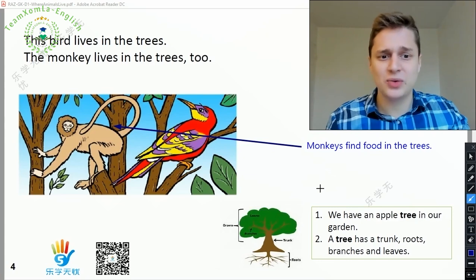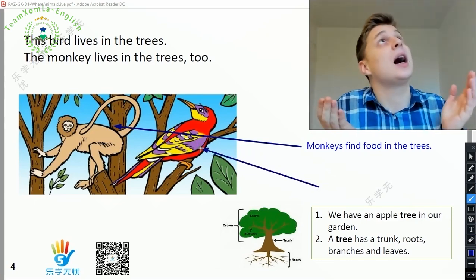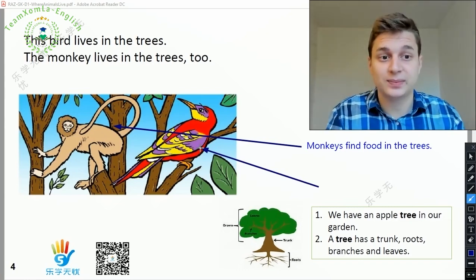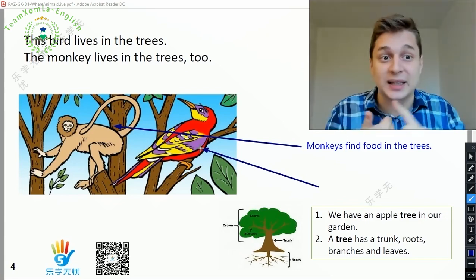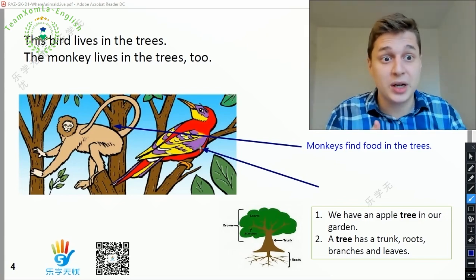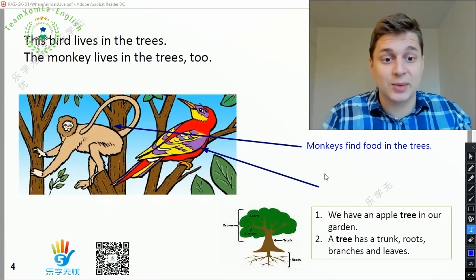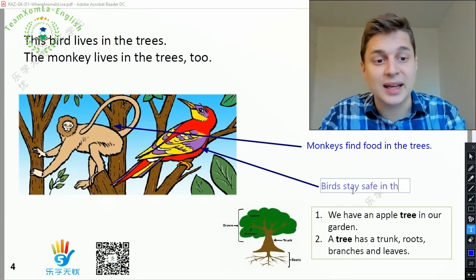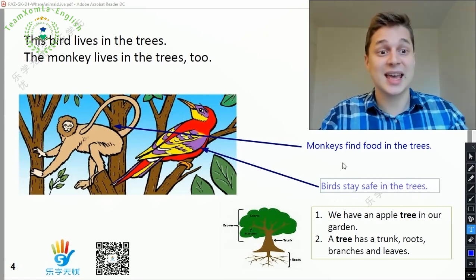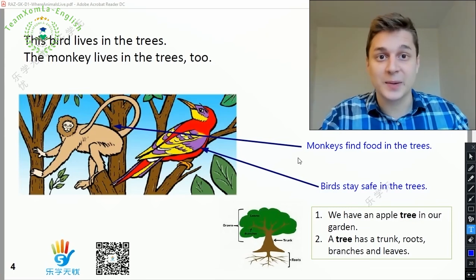Birds don't find a lot of food in the trees. So why are birds high up in the trees? Because they want to stay safe from kitty cats, from bigger cats. They want to stay safe from other big animals. So birds stay safe in the trees. That's why they like to live up there.